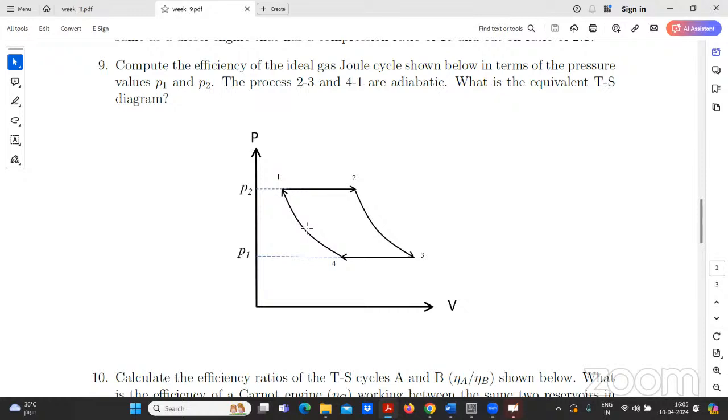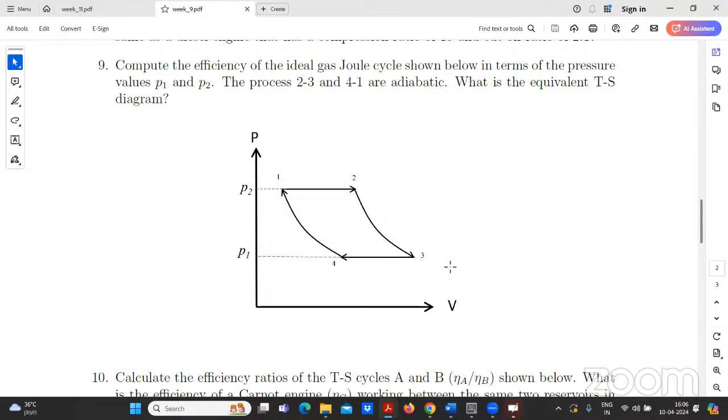See, this is an ideal gas Joule cycle in which we have two isobaric processes connected by two adiabatic processes. Of course, heat will enter the system during process 1 to 2 in this isobaric process, and heat will leave the cycle while going from 3 to 4 in this isobaric process.